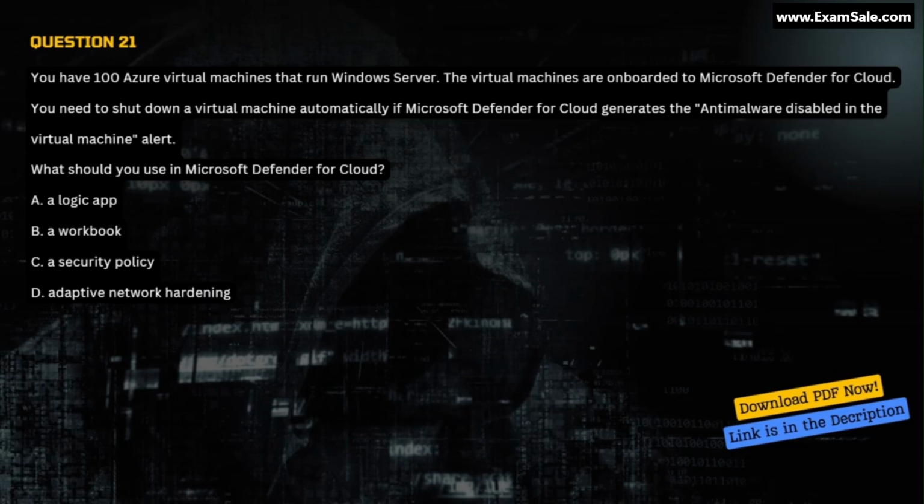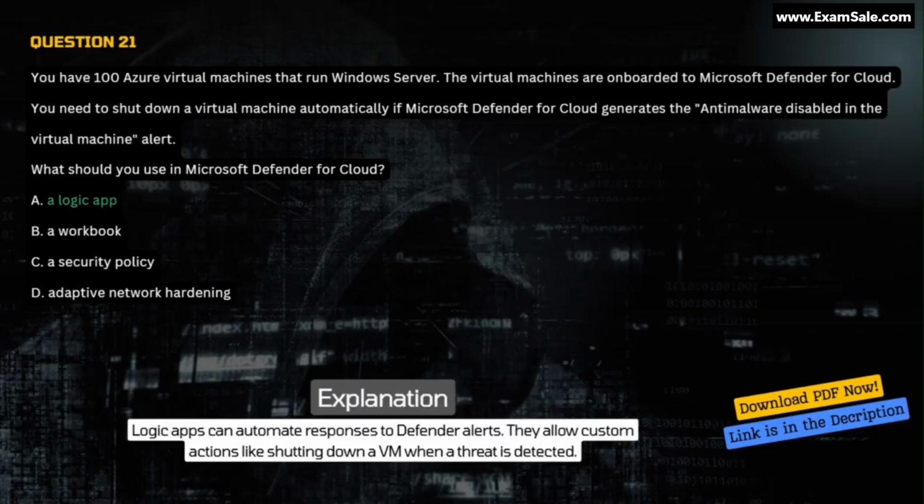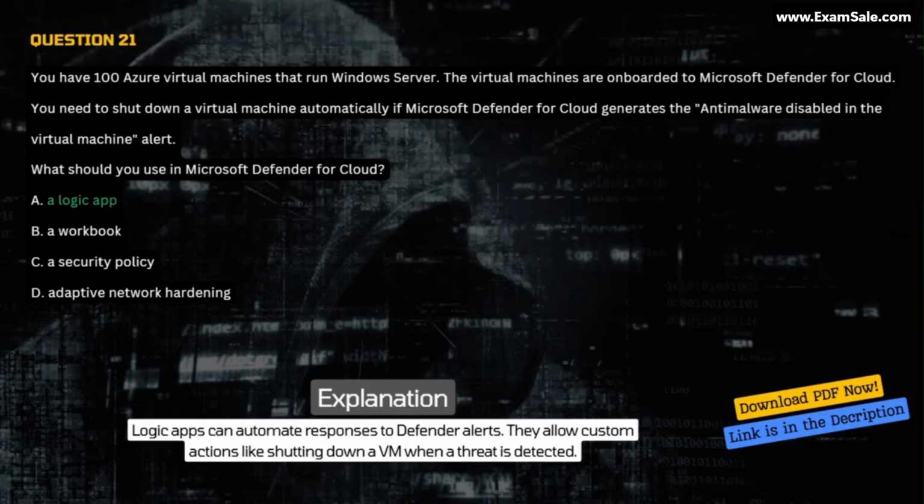A. A logic app. B. A workbook. C. A security policy. D. Adaptive network hardening. Correct answer A. A logic app. Explanation. Logic apps can automate responses to Defender alerts. They allow custom actions like shutting down a VM when a threat is detected.